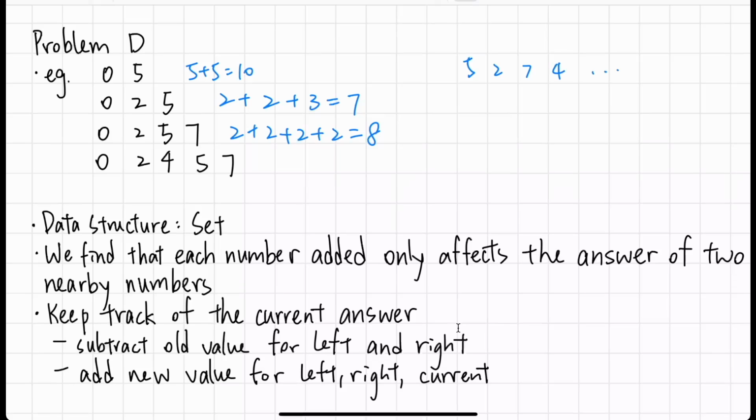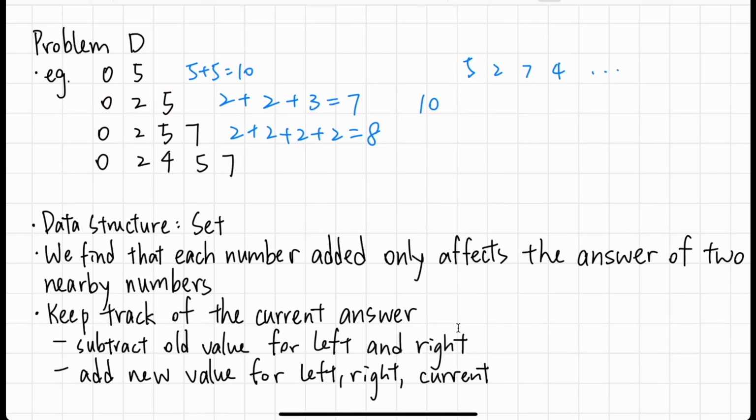So from the first to the second person, our answer is initially 10. And then we subtract the answer for the persons on the left and right, because it affects them.